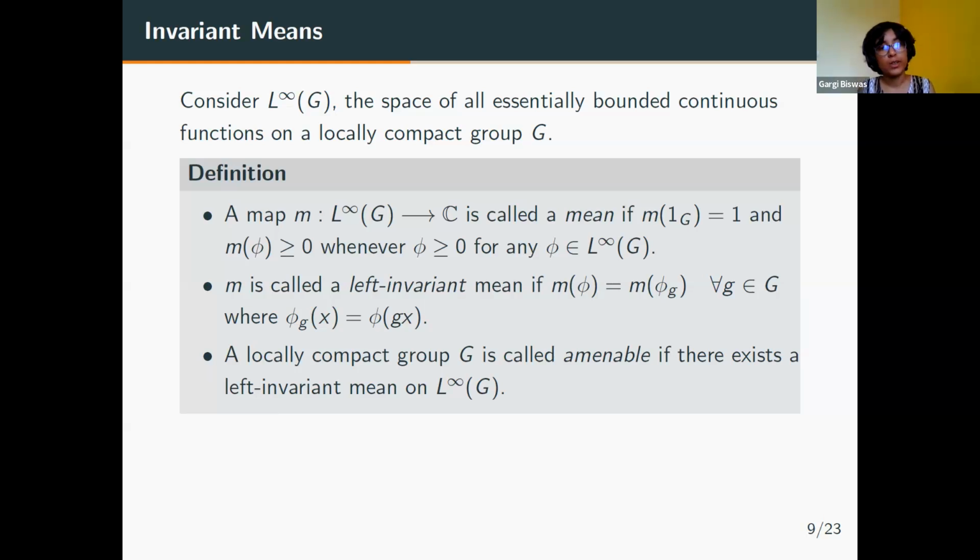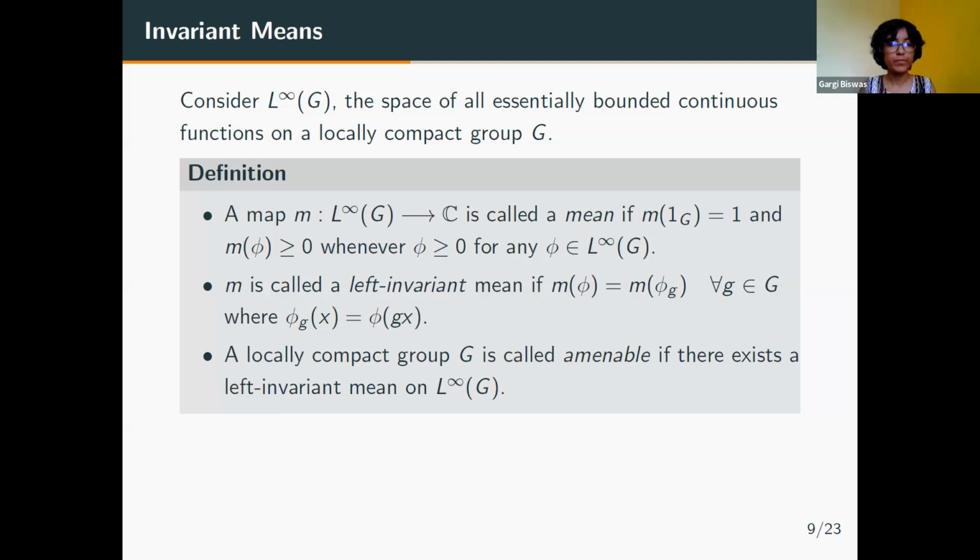Then m is called left invariant if m of phi_g equals m of phi for all g in G, where the function phi_g is just the left translation of the function phi. That is, phi_g takes input x and gives us output phi of gx. And a locally compact group G will be called amenable if there exists a left invariant mean on L infinity G.